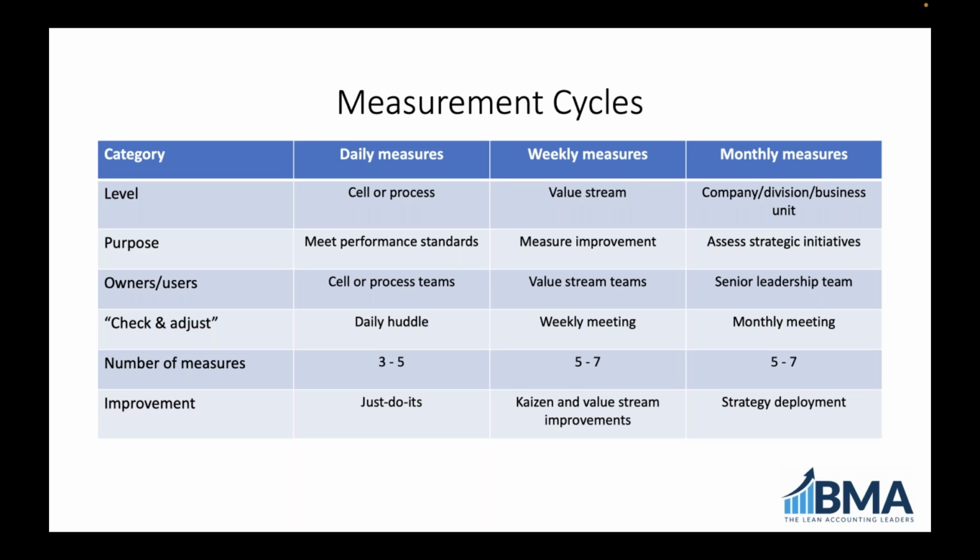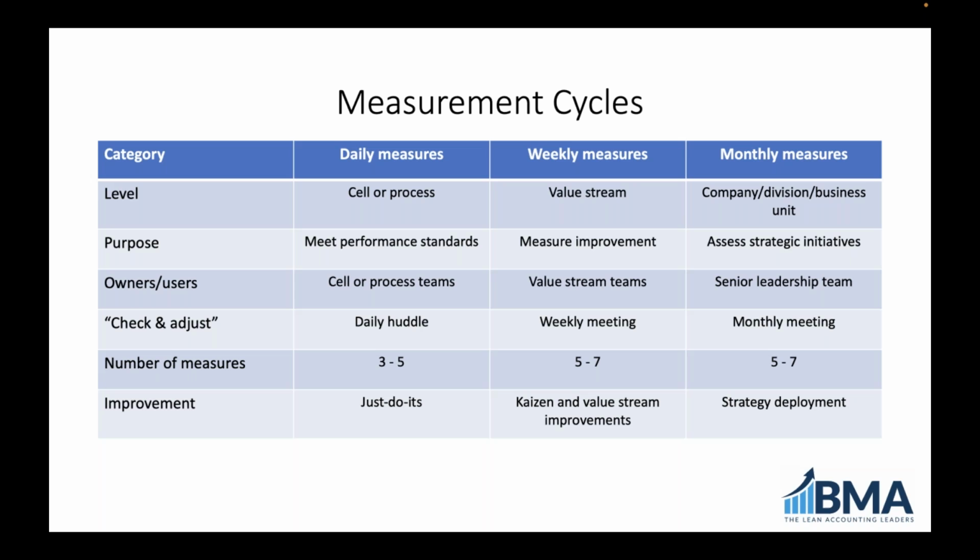The other piece is what types of improvements and problem-solving activities each type of measure drives. Your daily cell or process measures drive the just-do-it improvements, problems that the cell can solve by itself in the normal course of work.